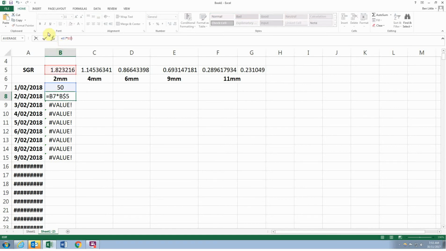So Shift 4 on my keyboard, one before the B and one after the B. That's just going to lock it to cell B5, and even if I move sideways, it's going to stay locked. Oh no, it's filled it, it's used cell C7, but it's locked to B5, so it doesn't really matter where I go, it's going to stay locked at B5. Anyway, so we can fill down.